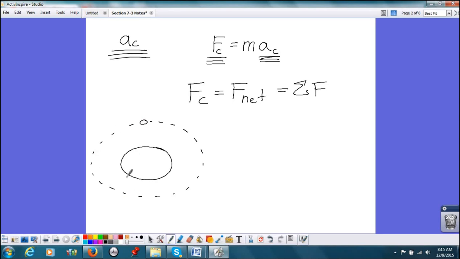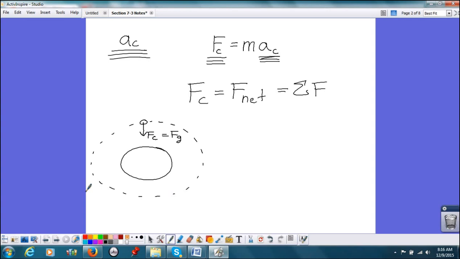Okay? Well, the centripetal force is the force that's keeping the moon orbiting Earth. In this case, the centripetal force is the gravitational force, because the gravitational force is what is keeping the moon in orbit.